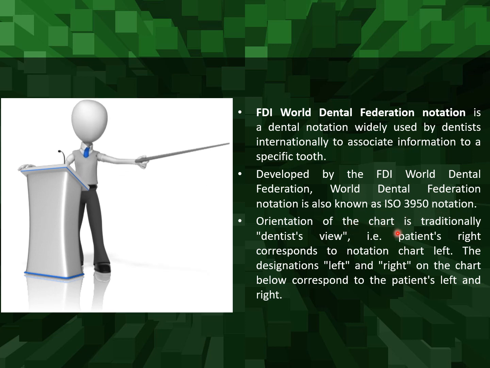Orientation of the chart is traditionally dentist's view. What does it mean? It means that the patient's right corresponds to the notation chart left. The designation left and right of the chart below correspond to the patient's left and right.